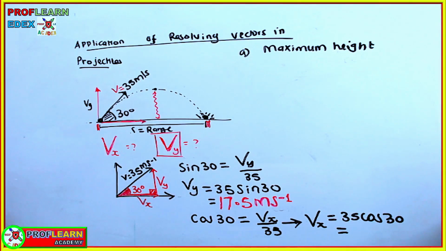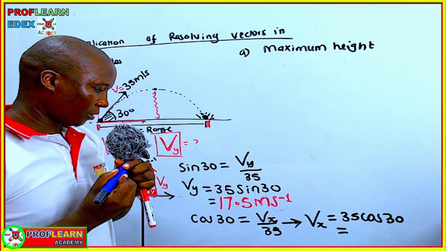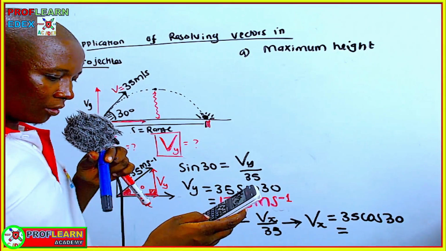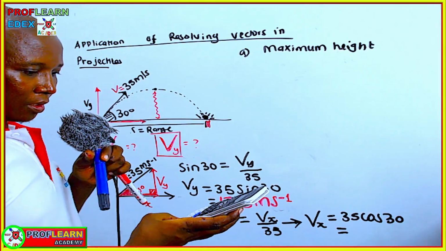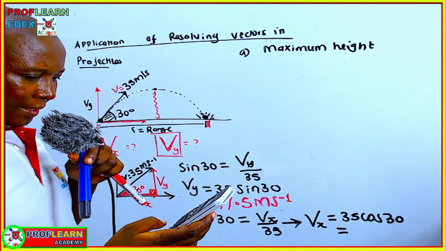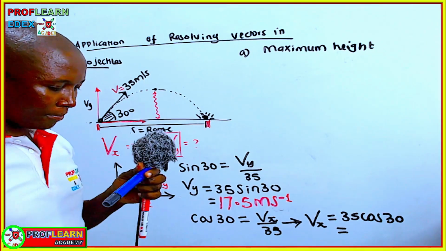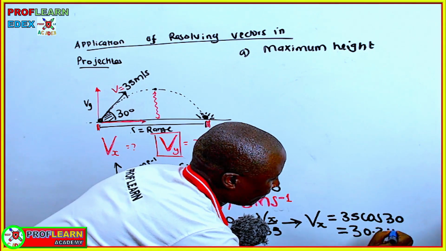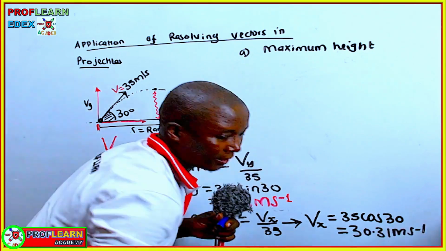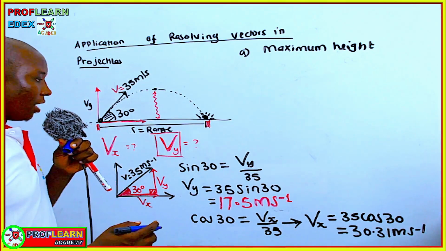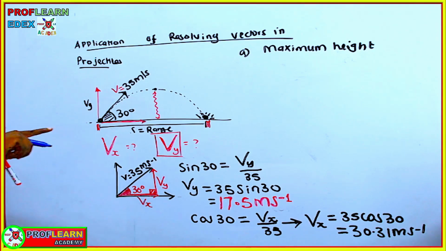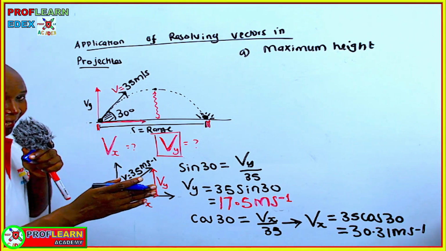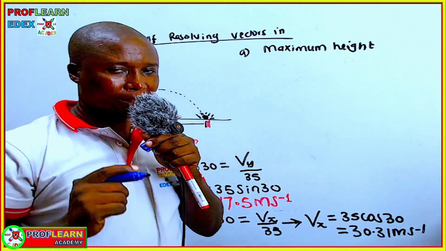Let us try to work it out. 35 cos 30 translates to 30.31 meters per second. So this object was moving in the x direction at 30.31 meters per second.